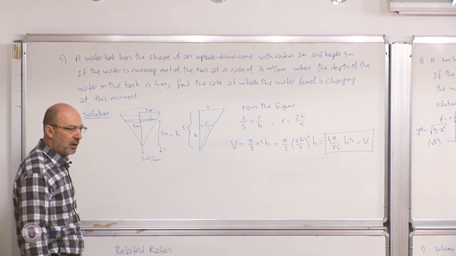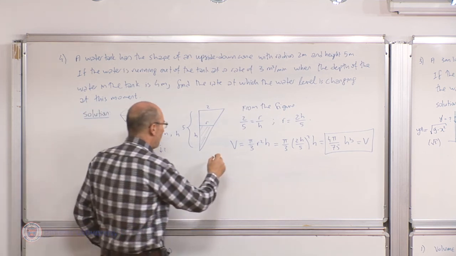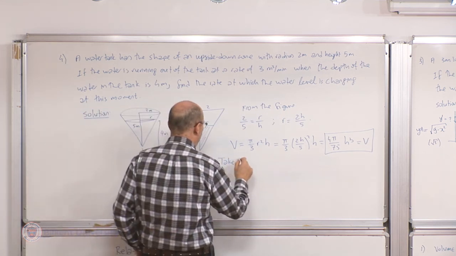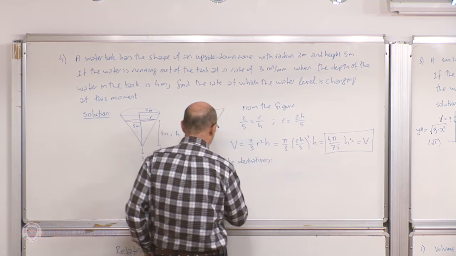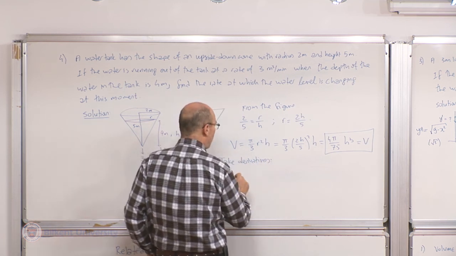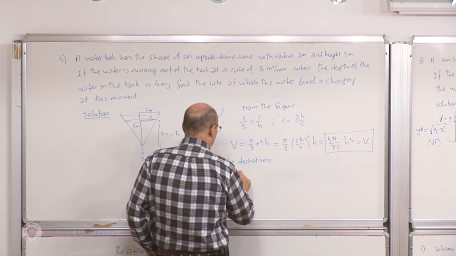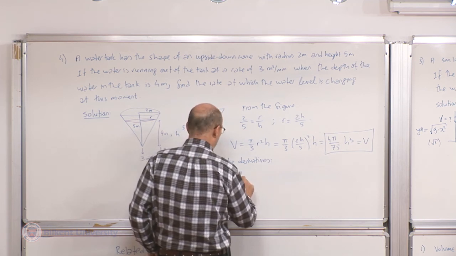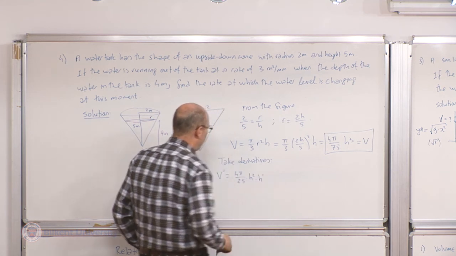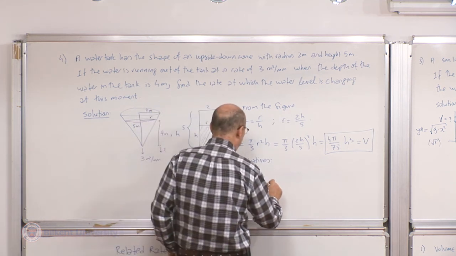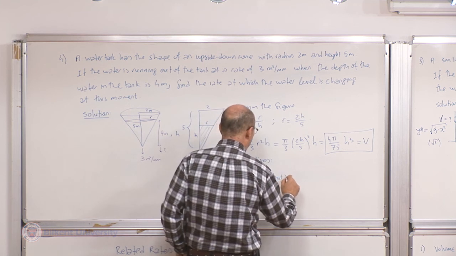Now I take the derivative of both sides. So V prime is equal to 4 pi over 25 h squared h prime. Put in values.